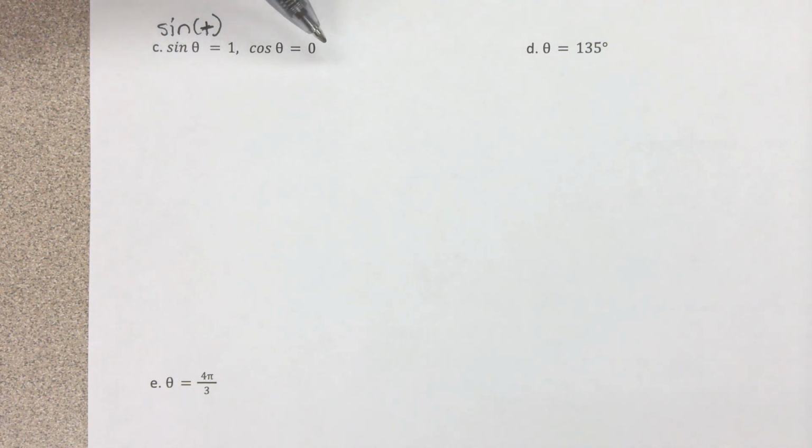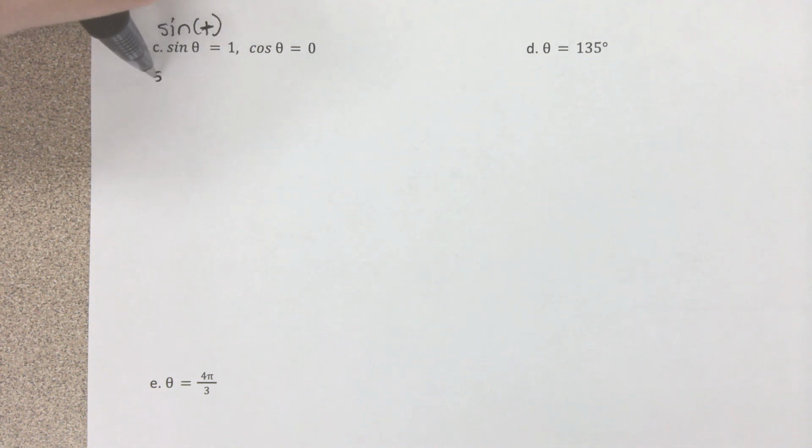When one of these is 0, that's a dead giveaway that this is a quadrantal, meaning it's on one of the axes. Next, let's break this into a fraction.